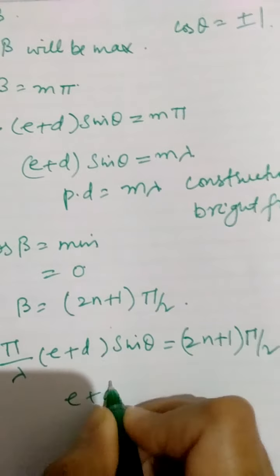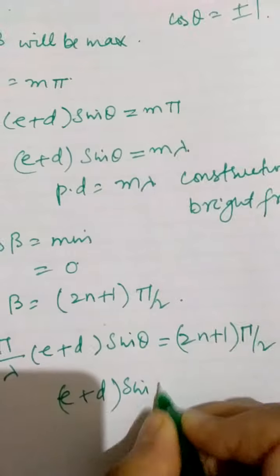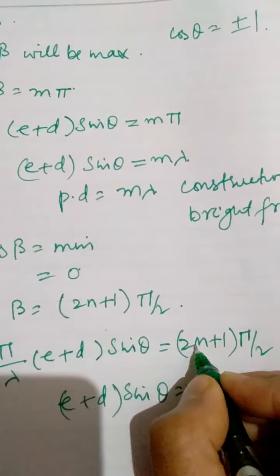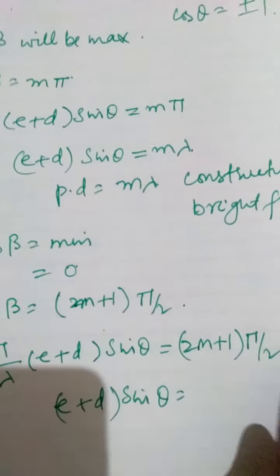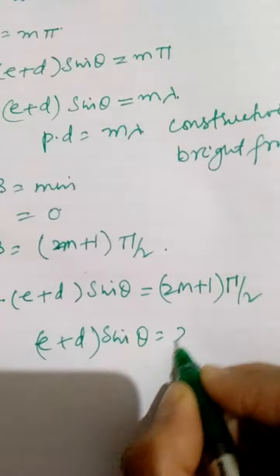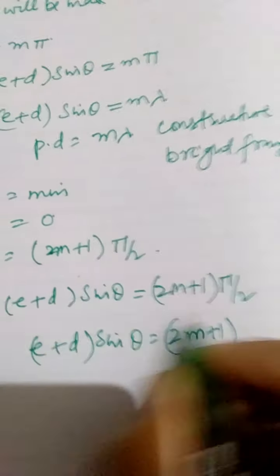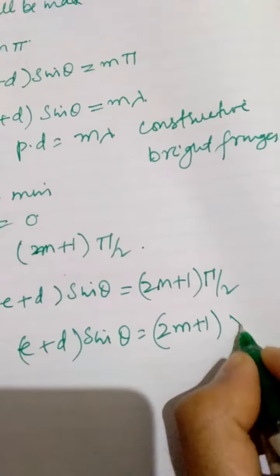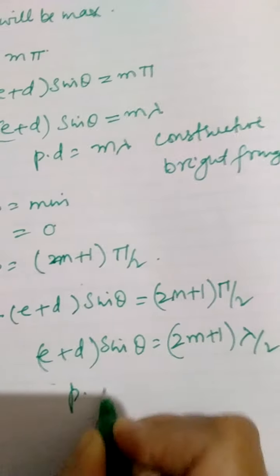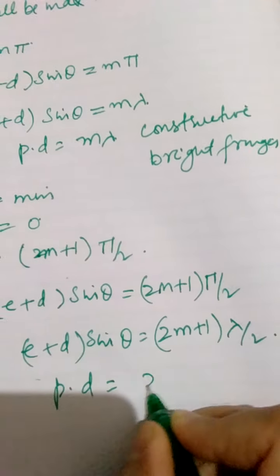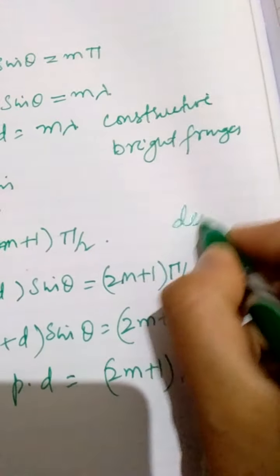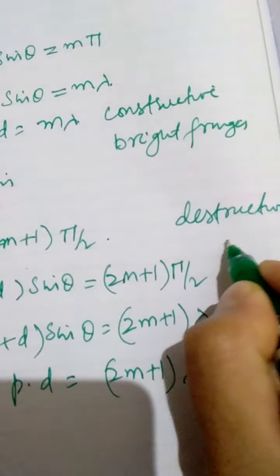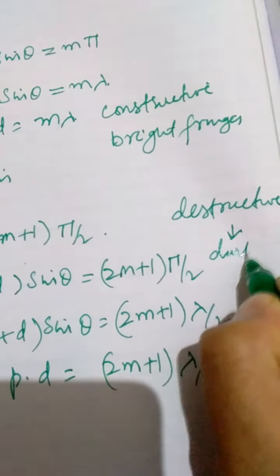We are left with (e plus d) sine theta is equal to, let's write it as m because we have used m in the upper expression. We shall continue with the same notation. M or n, it doesn't matter. So (2m plus 1), and lambda will go here, it is lambda by 2. So what is this? This is path difference. So whenever the path difference is an odd integral multiple of lambda by 2, the interference is destructive, corresponding to which we are going to get dark spots or dark fringes, right?